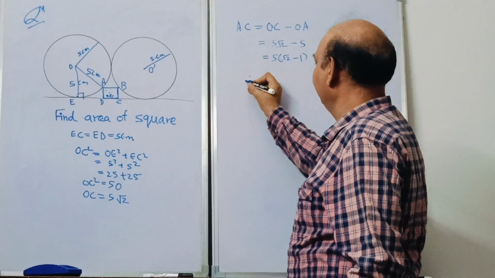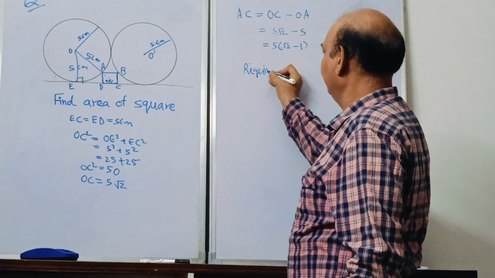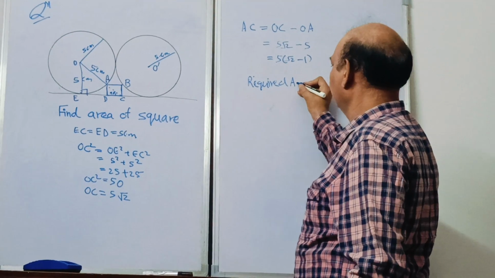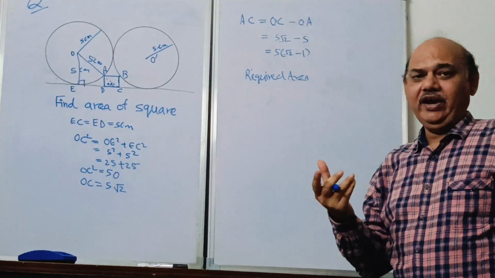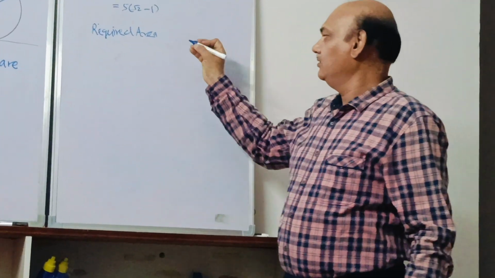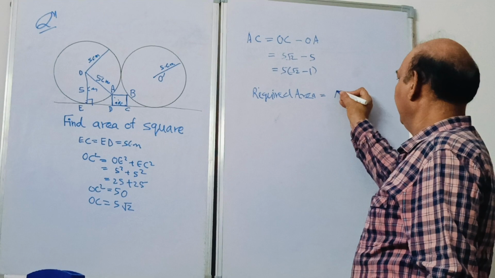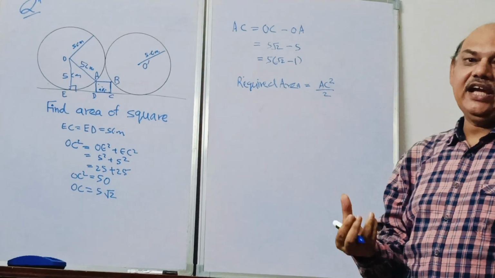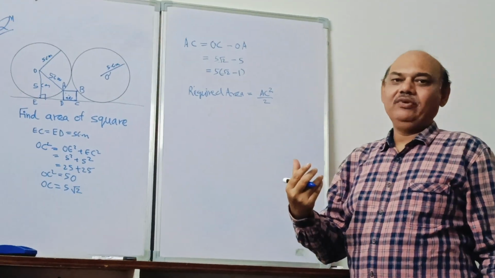Required area means the area of the square. What happens? Square of diagonal upon 2 is the value of the area.